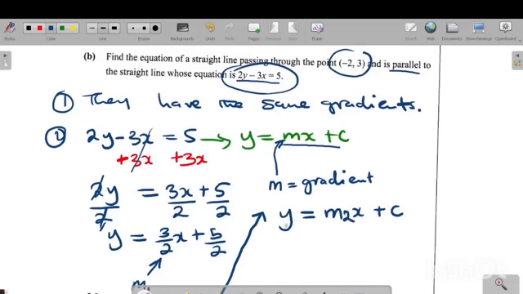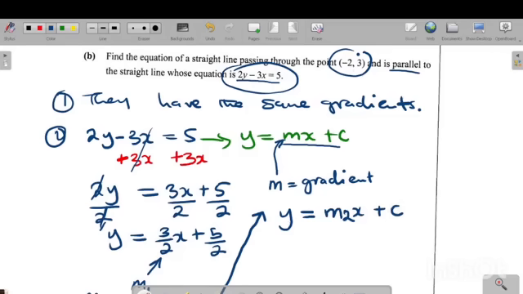So where there is y, you're going to put the y value, which is 3. Where there is m2, because the gradient is the same for parallel lines, you're going to put the gradient, which is 3/2. Then where there is x, you're going to put -2. Your aim is to find the intercept where this line is crossing the y-axis. So now let's just do that.